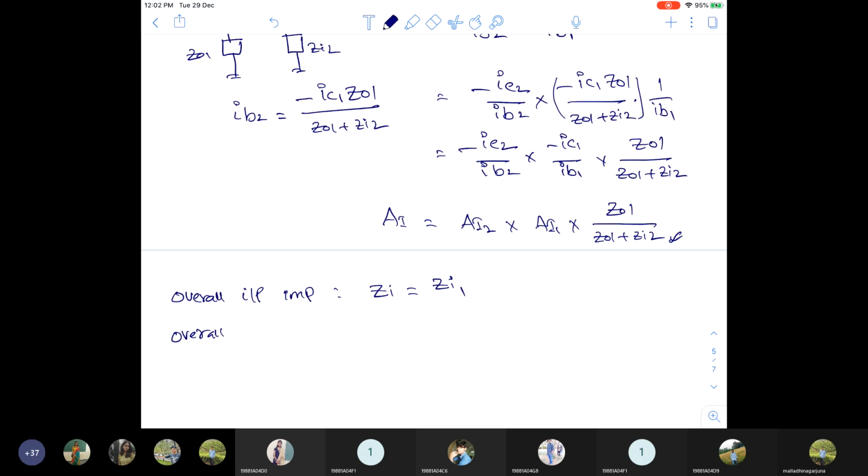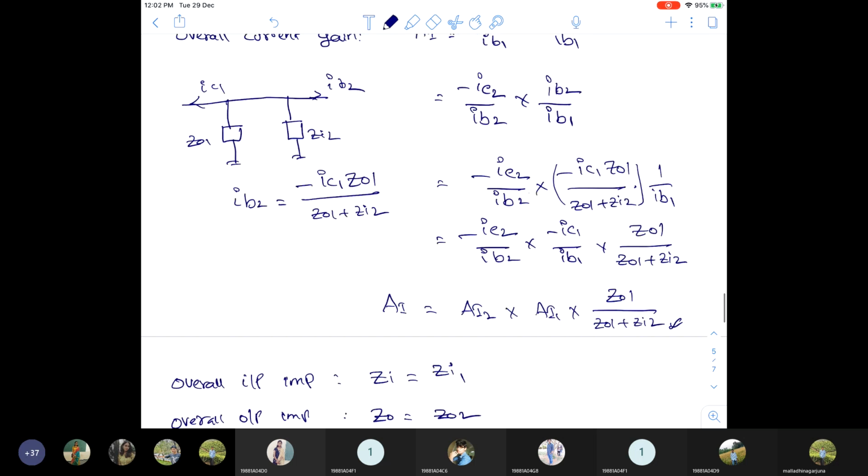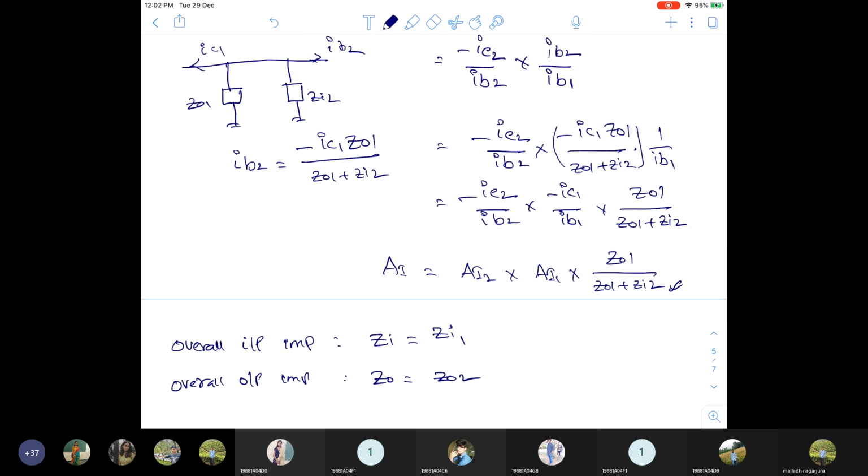The overall output impedance is Z0 equal to Z02. The last stage output impedance is the overall output impedance. So these are the overall current gain, voltage gain, input impedance, and output impedance.